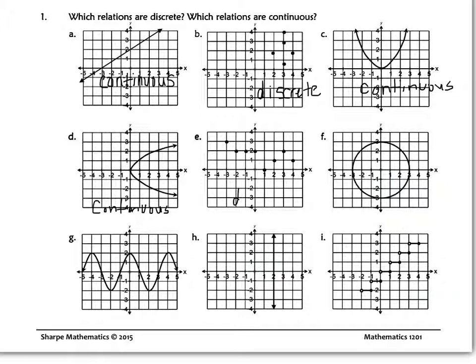This one here would be again a series of dots, so discrete data. This one here, all the points are connected with a solid line, so that would be continuous data. And same thing with G, it is a continuous graph, continuous data used. The next one as well would be continuous. This is a solid line connecting all the points.